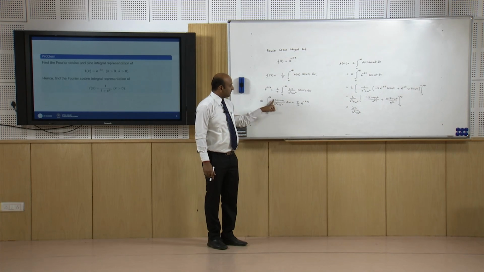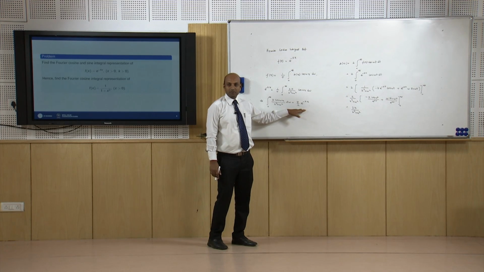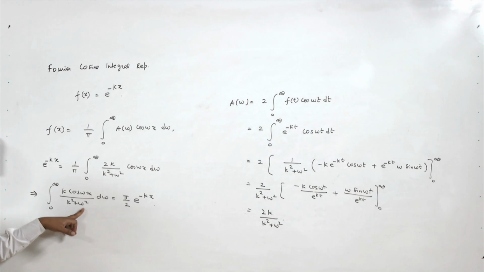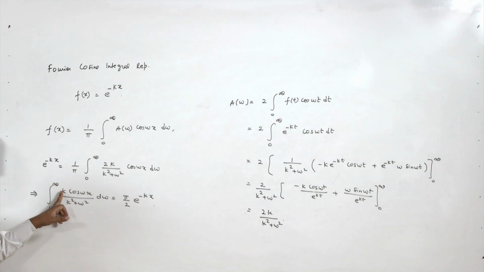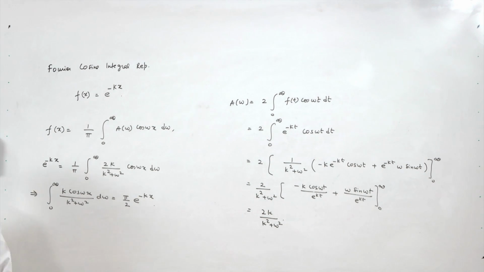So substituting different values of k, one can get the values of this integral. Suppose k is 2. For k equal to 2, the value of the integral of cos(omega x) upon (4 + omega^2) will be given by pi by 4 e^(-2x).